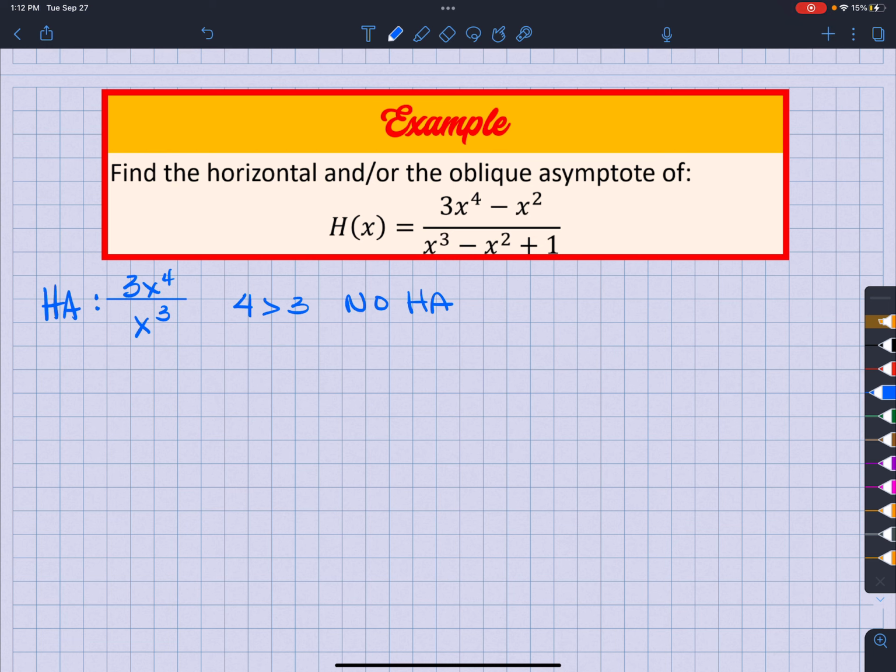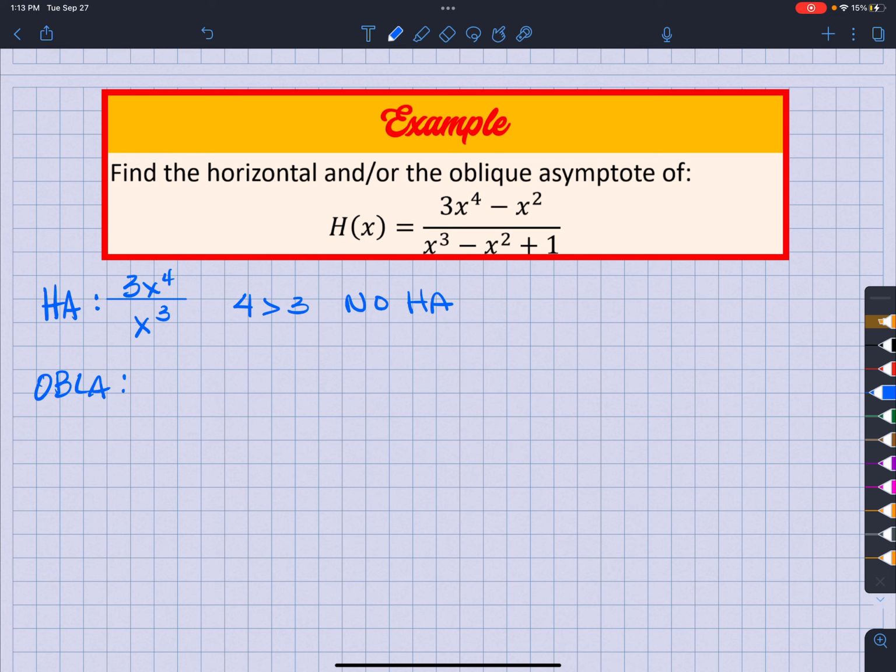However, we do have an oblique asymptote, because the power on top is only one more than the power on the bottom.